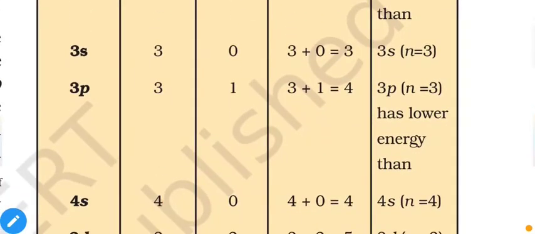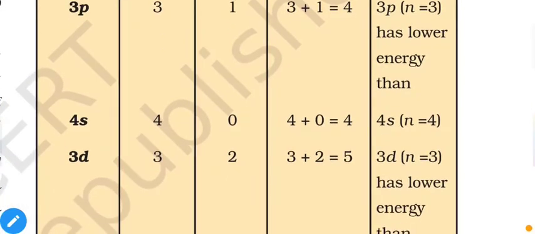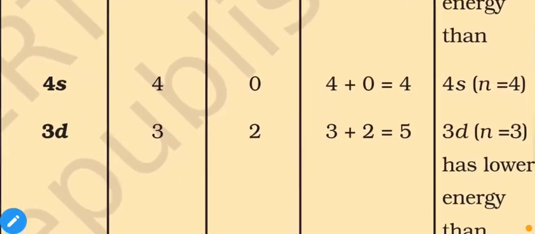Let us move so our points will be clearer. So 3p is equal to 4 and 4s again it is equal to 4. So obviously 3p has n value 3 and 4s has 4. So lower energy will belong to 3p. Now 3d and 4s, concentrate on these two. So as we can see, for 4s n plus L is equal to 4 and for 3d n plus L is equal to 5.